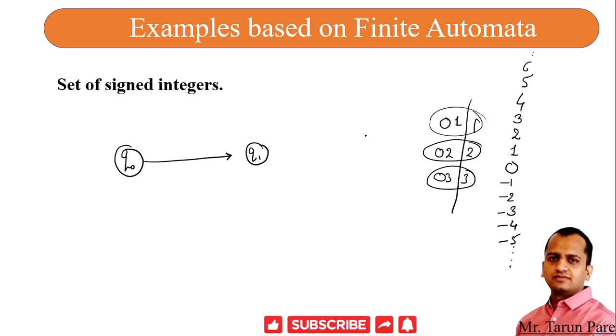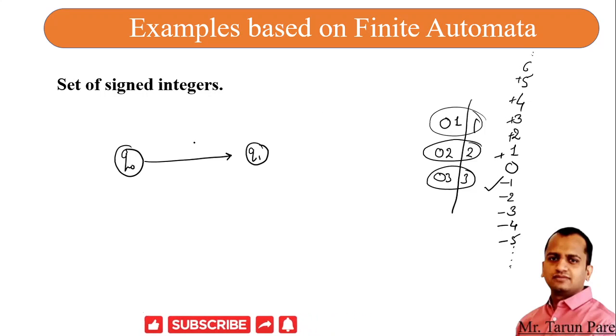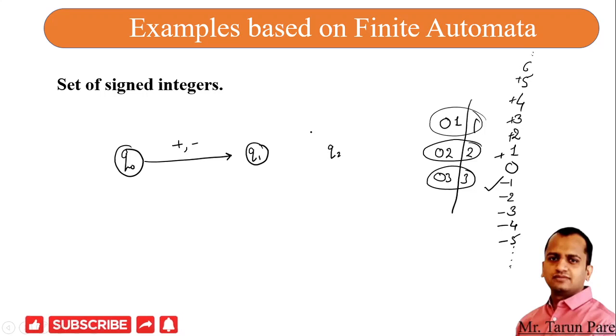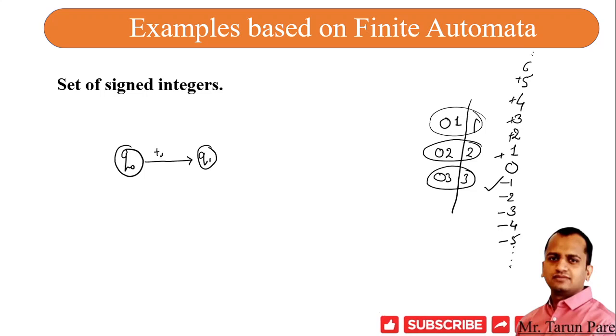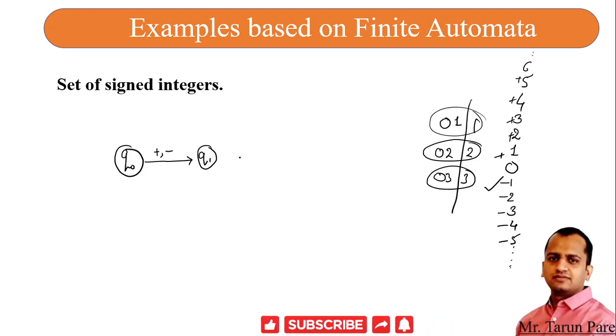So what is the first thing which we have to pass here? We have to pass either the minus sign or the plus sign. So from here we have passed plus or minus, and we have reached the next state, that is q2. Let me delete all this. Here I have passed plus or minus, and I don't have to make any loop here.